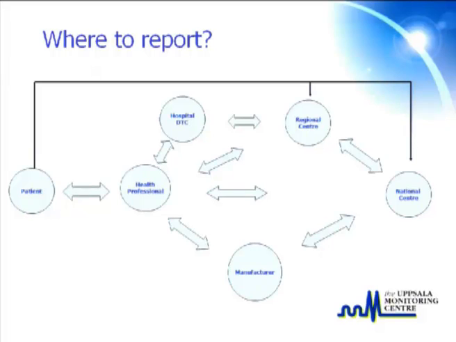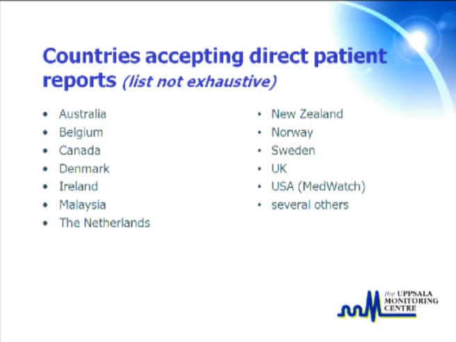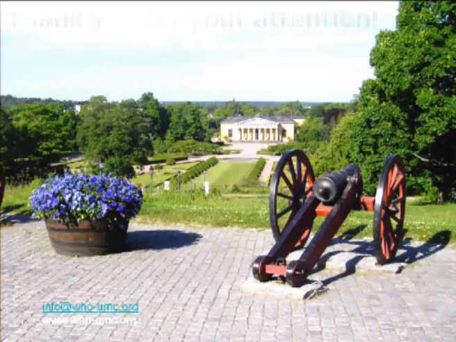One way of dealing with that is to introduce direct patient reporting, where you bypass those obstacles and you get information directly from the origin. And that's what we are developing now, and we are seeing a lot of benefits of doing that. These are the countries accepting direct patient reporting. At least there are many more. So that was it.